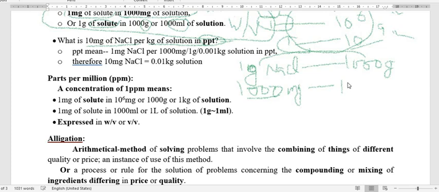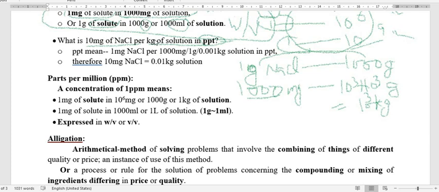So this becomes 10 power 3 into 10 power 3 gram, which is equivalent to 10 power 3 kg. So 1000 milligram in part per thousand is equal to 10 power 3 kg.